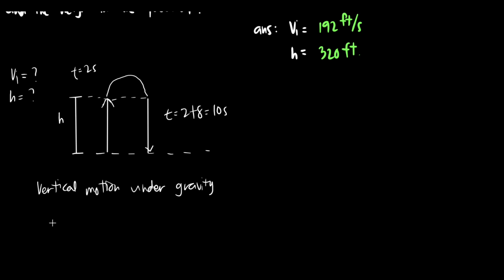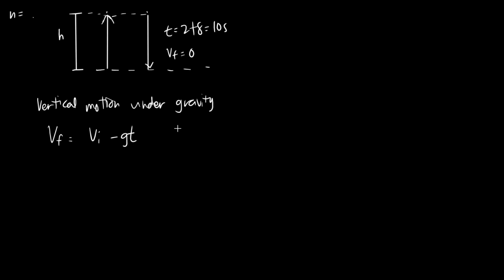So what formula will we use? Let's use this formula: V final is equal to V initial minus g t. What is our V final here? If the object landed back to the ground, its V final is equal to 0. Our V initial is what we are trying to find.